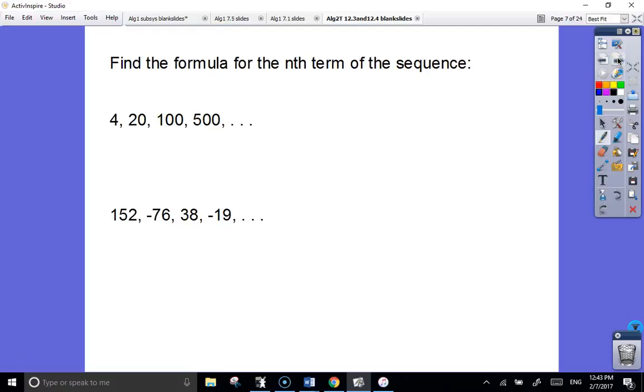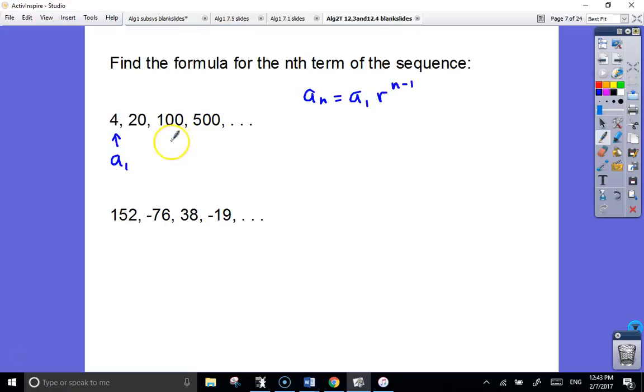Okay, so find the formula for the nth term of these two sequences. So for the first one, I'm going to write down my formula first. an equals a1 r to the n minus 1. Okay, so the a1 is pretty clear.